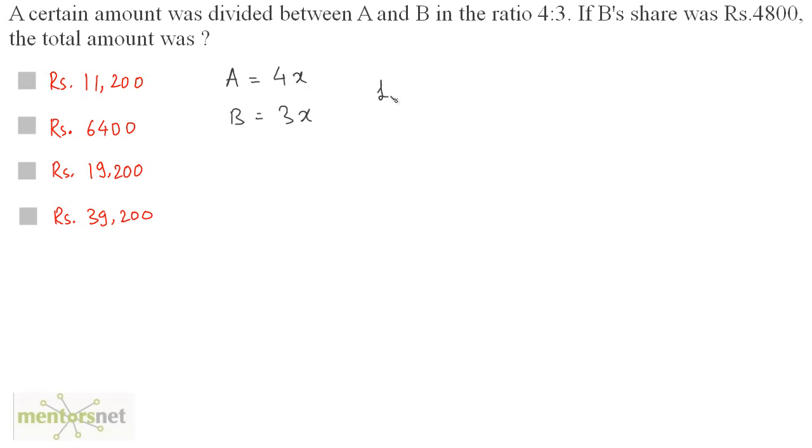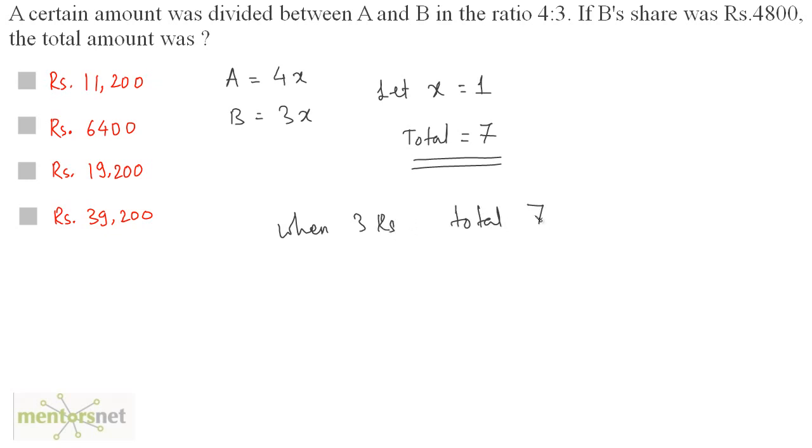Let us assume that this x is equal to 1. So when x is equal to 1, the amount with A will be 4 and the amount with B will be 3. So the total amount combined will be 4 plus 3, that is 7. So when B has 3 rupees, the total amount is 7.